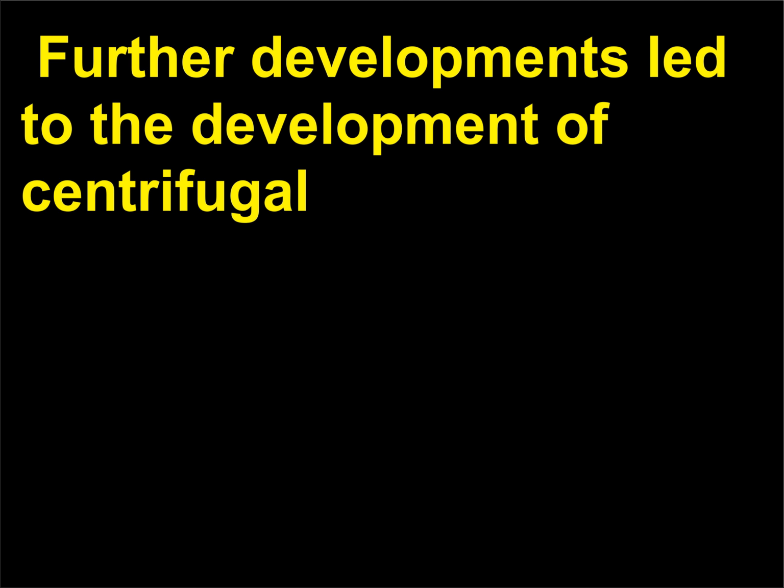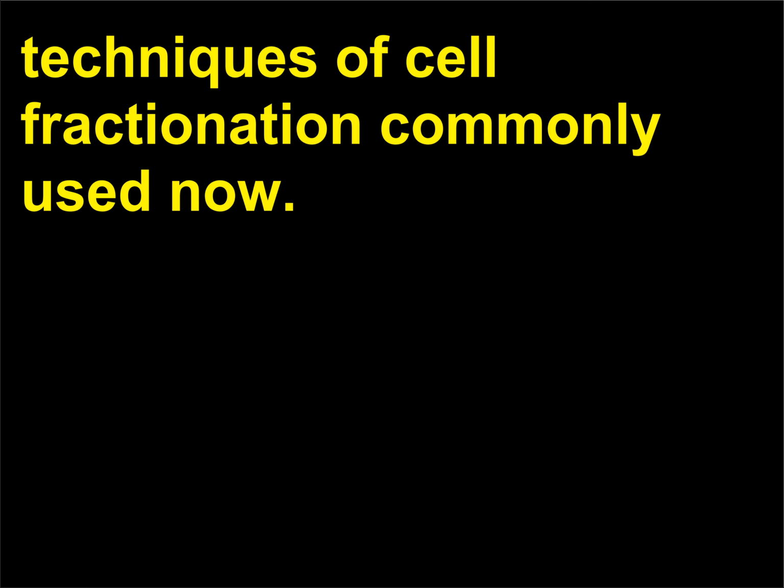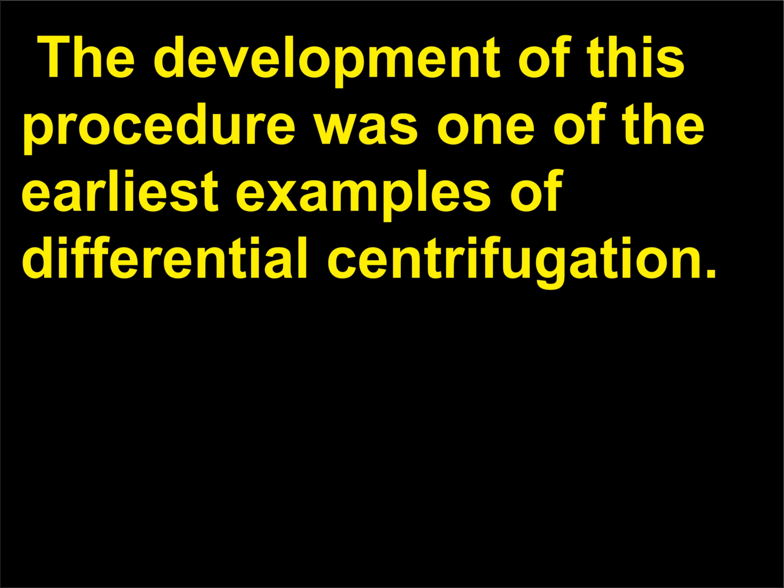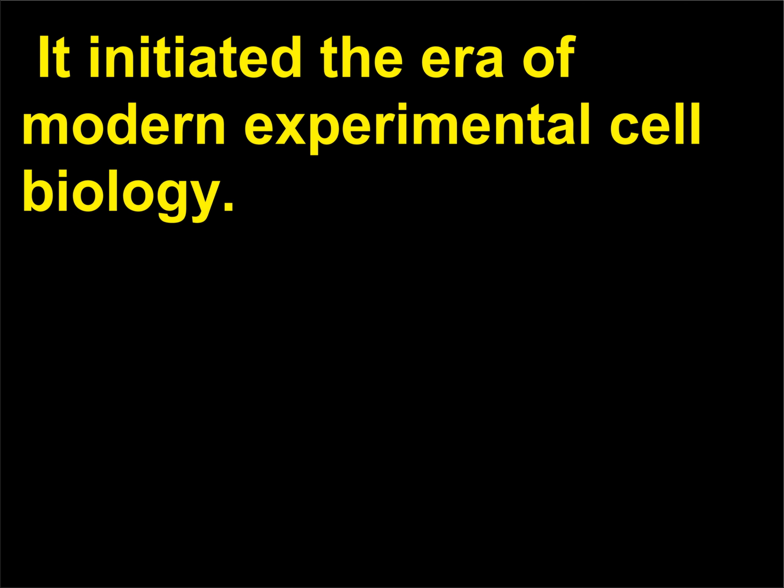Further developments led to the development of centrifugal techniques of cell fractionation commonly used now. The development of this procedure was one of the earliest examples of differential centrifugation. It initiated the era of modern experimental cell biology.